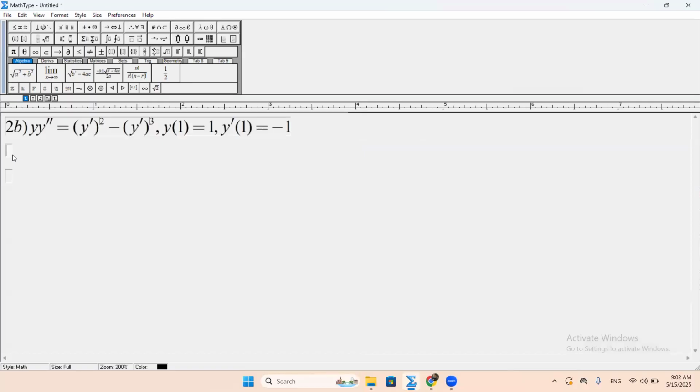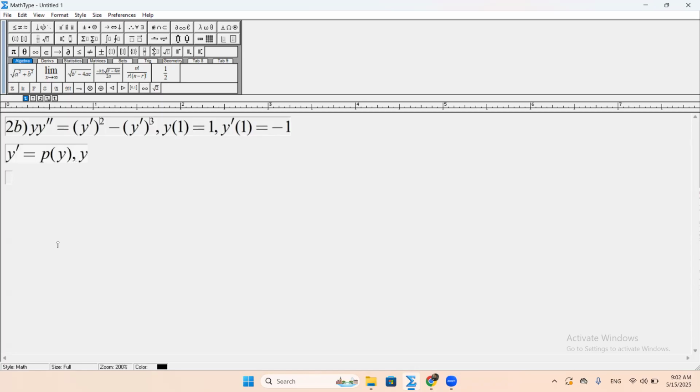So here we have the following situation. So we have all orders of derivatives, so including 0 order, but no x. So we will do the following substitution: y prime equals p from y.